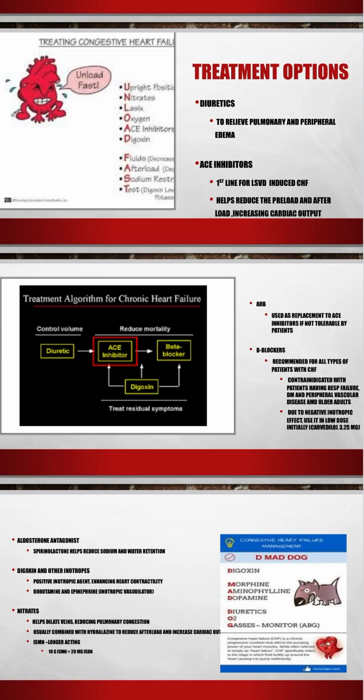That's decrease afterload, or the pressure that is required to relax the heart, so we try to decrease that. S stands for sodium restrictions, and T stands for monitoring for certain tests such as digoxin and potassium as well as sodium levels. So that is meant by UNLOAD FAST. Those are the options.